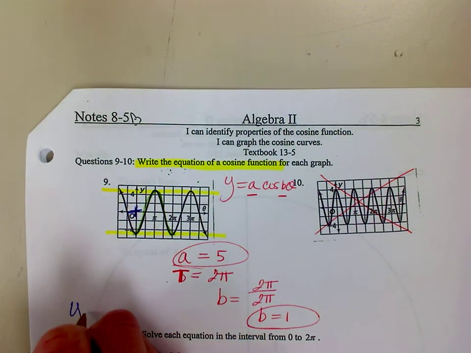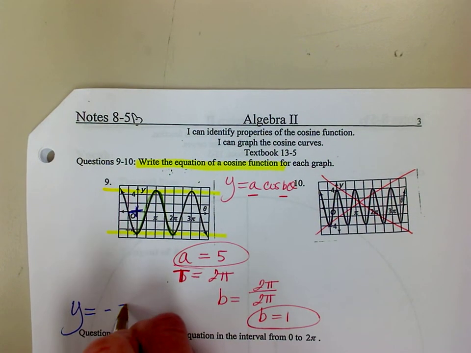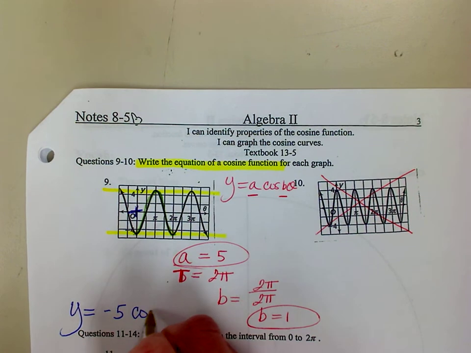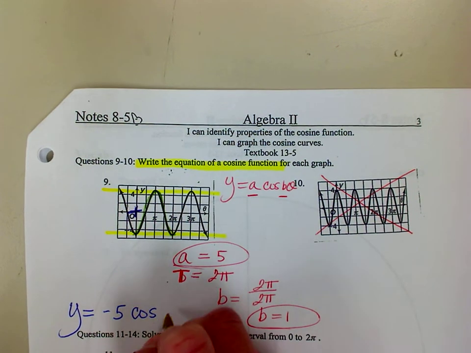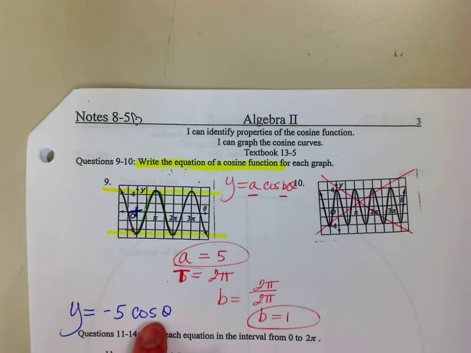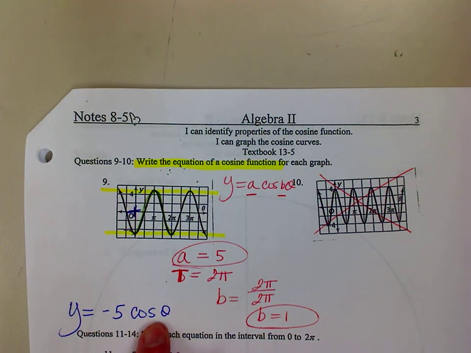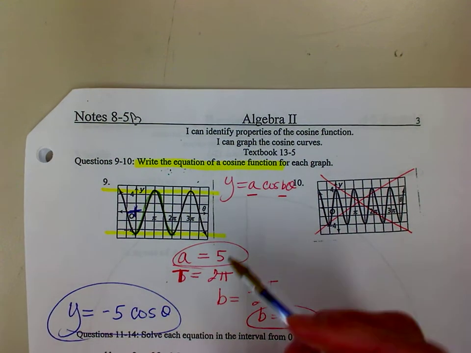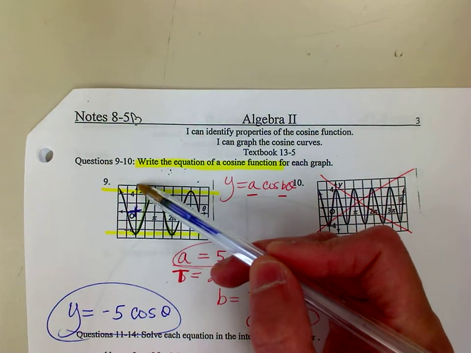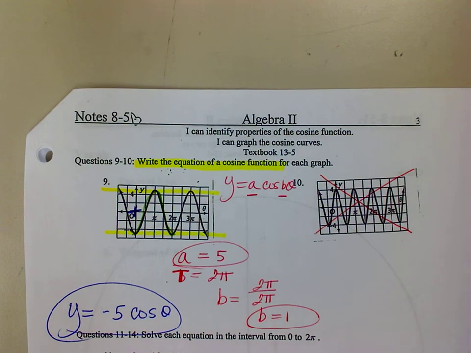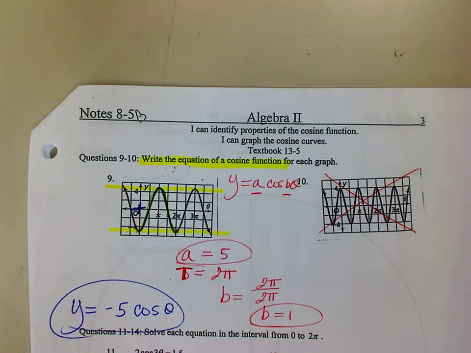So that means I have to put a negative in front of my 5. And I don't have to put the 1 there because 1 theta is the same thing as theta. If my graph started up first, then I wouldn't need to put that negative. So that's my answer to number 9.